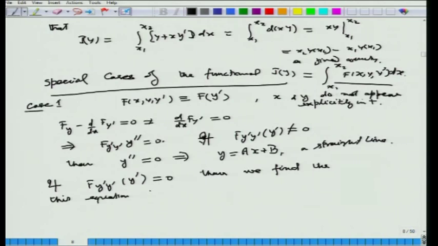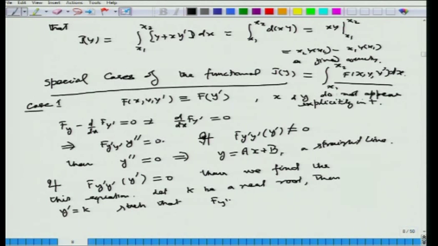So, let k be a real root, that is, then y prime equal to k such that f_y prime(k) equal to 0.